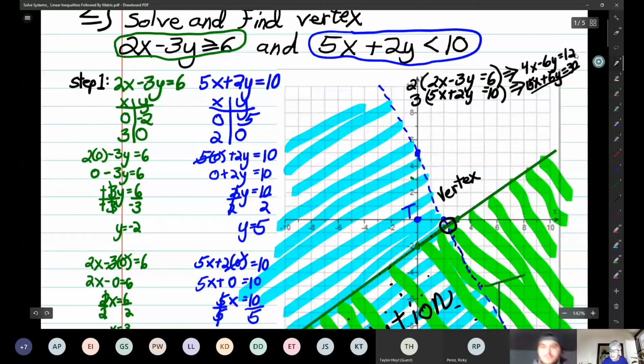If I add vertically, I'll get 19x here because 4 plus 15 is 19. But -6y plus 6y is 0. So it zeroes out, leaving me with equals 42.